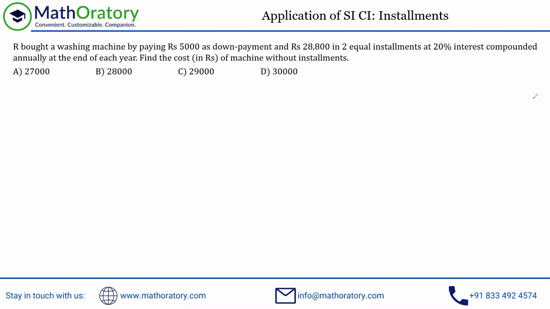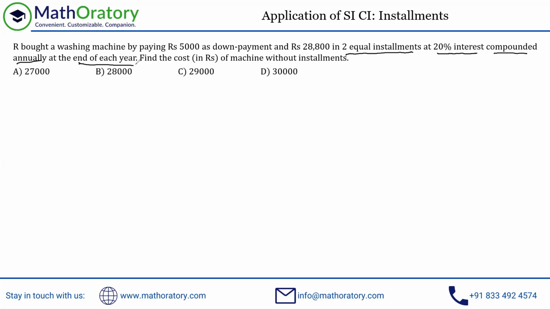So if you read this part of the problem, two equal installments at 20% interest compounded annually at the end of each year. There are a couple of things you can gather from this part of the statement. One, yes, of course, there's a compound interest involved and the rate of interest is 20%.